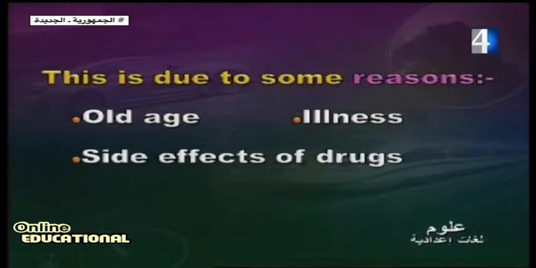Side effects of drugs. Drugs here means medicines. If we take medicines under medical prescription, we will reduce the side effects of drugs. But taking medicines without a medical prescription causes many side effects.